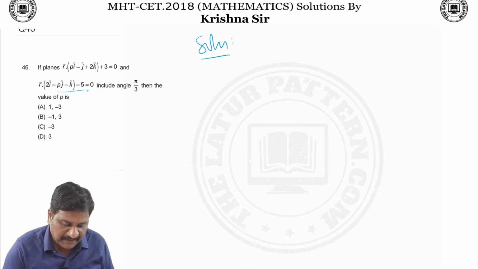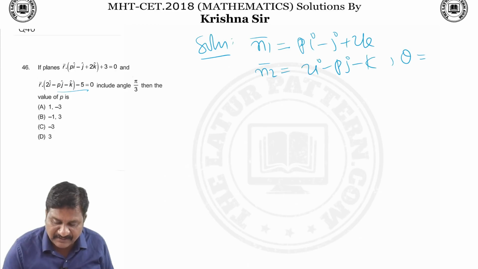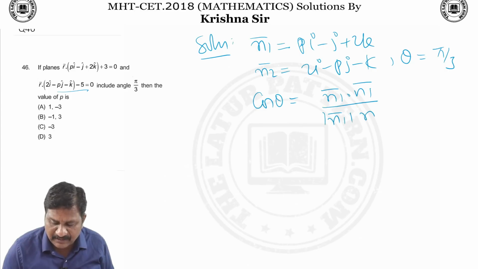So the planes' normals, first plane normal n1 bar is i minus j plus 2k, second plane normal n2 bar is 2i minus pj minus k. Now the given angle theta is equal to pi by 3, then formula cos theta is equal to n1 bar dot n2 bar by mod n1 into mod n2.